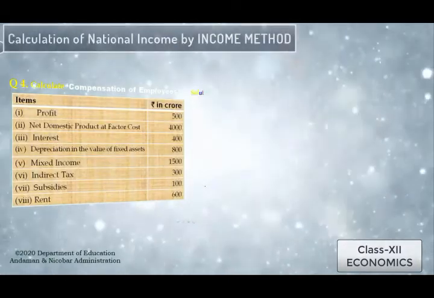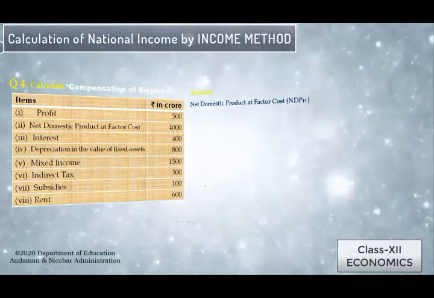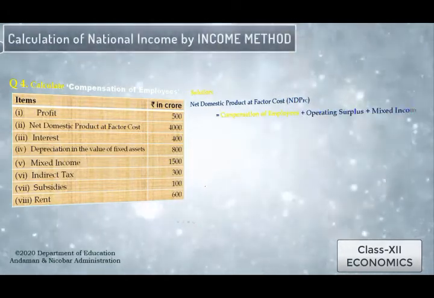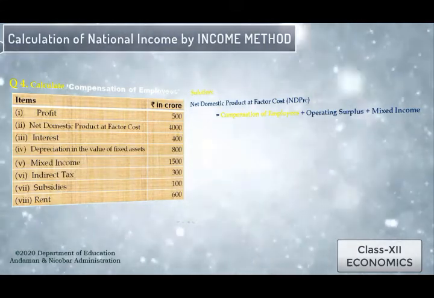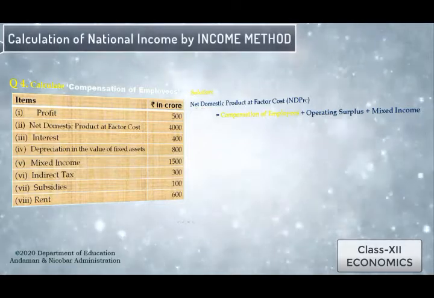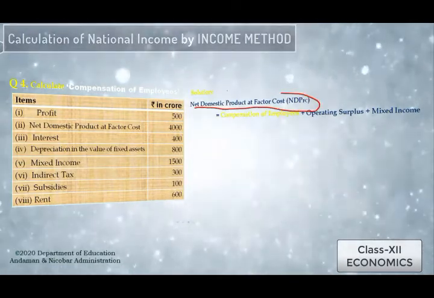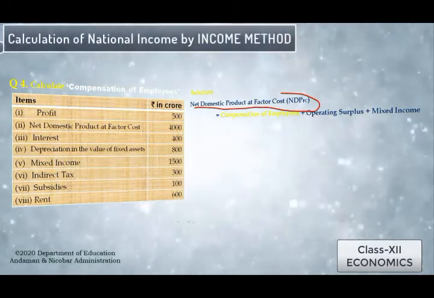Okay students, now we will find the solution for this question. So here we need to find out the value of compensation of employees. So how can we find it? Look here, we have the value of NDP at factor cost. So from this we need to get the value of compensation of employees. So what is the formula?